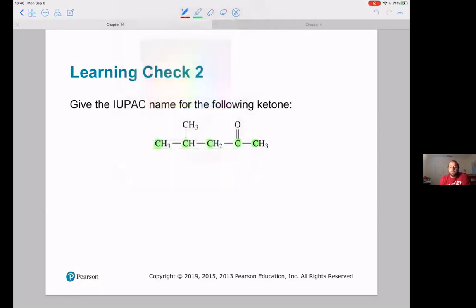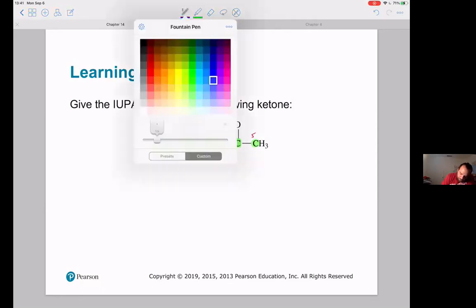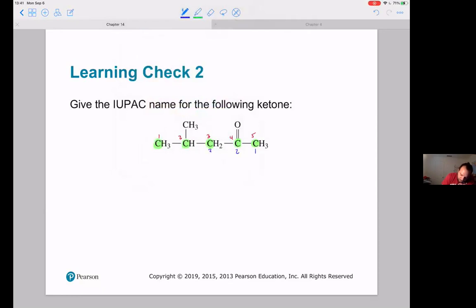And then you're going to number in such a way that gives the ketone the lowest possible number. So a ketone functional group, kind of like the alcohol functional group or the alkene functional group, are special in that, let's number it both ways. 1, 2, 3, 4, 5. 1, 2, 3, 4, 5.